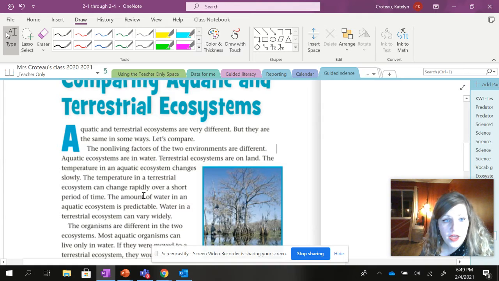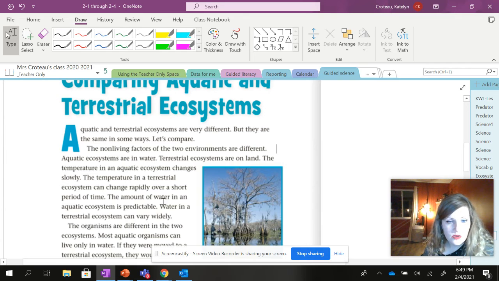The amount of water in an aquatic ecosystem is predictable. That means from one day to the next, or one part of the year to the next, it's going to be easy to tell or easy to guess where that water level will be. You know, you can assume that the ocean's going to be this deep at this time of year when the tide is high or whatever, right?